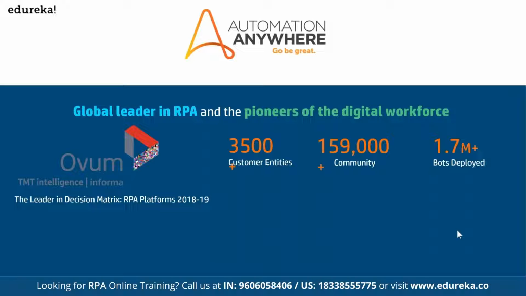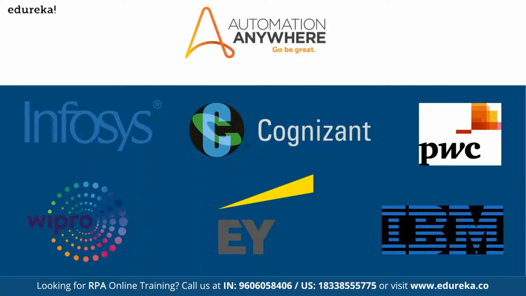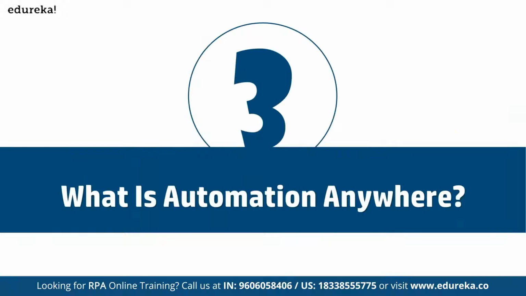It means 1.7 million automation programs that have been deployed. Almost all the organizations are using Automation Anywhere. In India, these are the major companies that are using Automation Anywhere as a tool. These are all the Automation Anywhere implementation partners. They are not really the organizations who are using it, but they implement it for their other overseas clients.